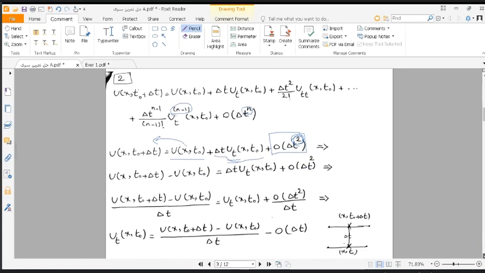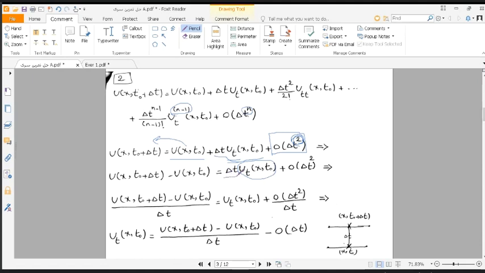Our goal is to compute u with respect to t at (x, t0). We have to compute u_t(x, t0), so we divide both sides by delta t.